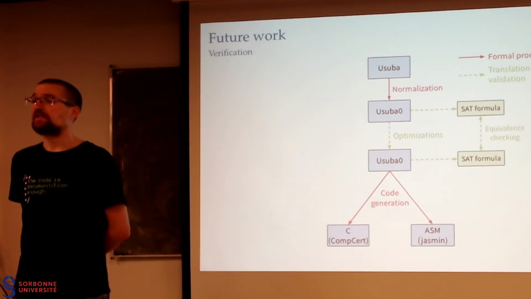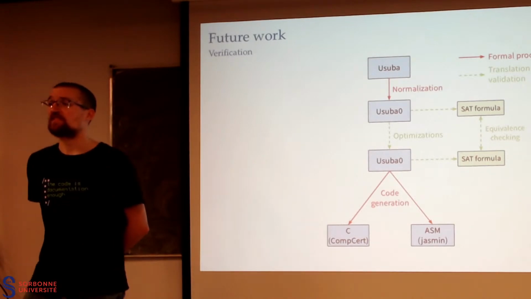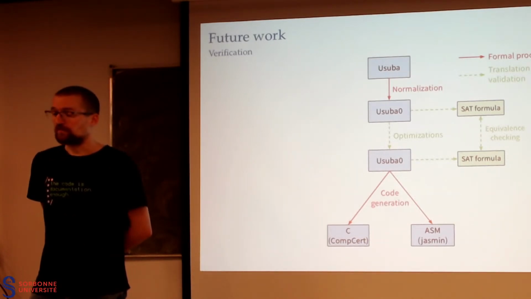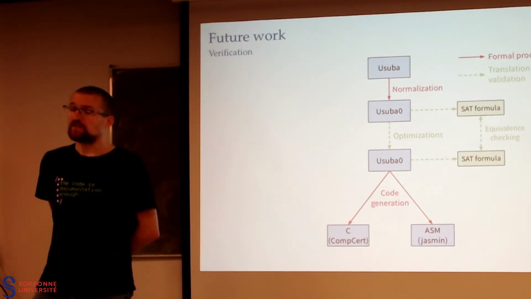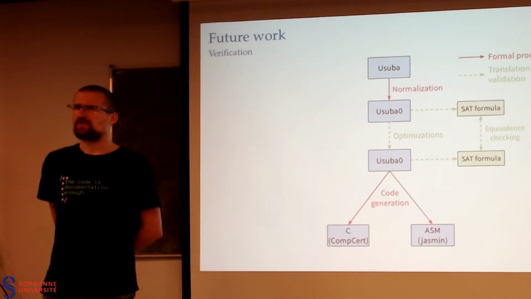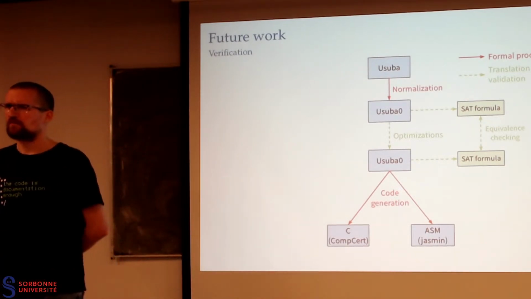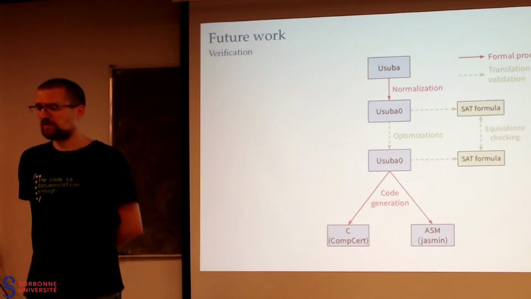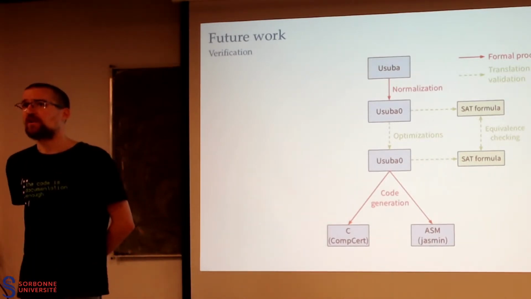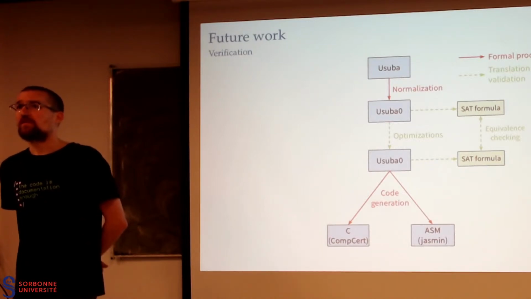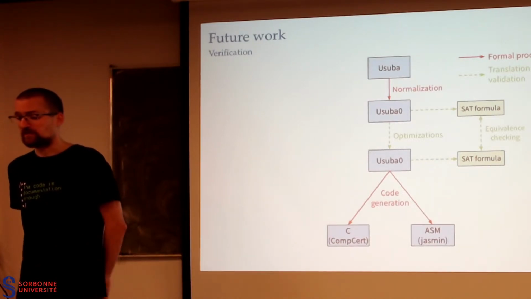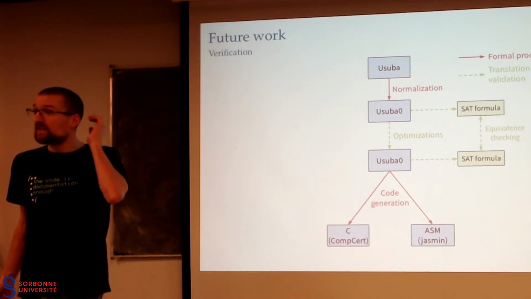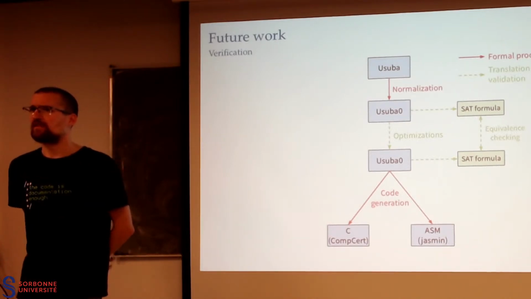Well, I guess the easiest is to piggyback on some existing work. So either CompCert, but it lacks SIMD extensions, or some of them at least, but I think most of them. Or Jasmin, which is an assembly language with a verified tool chain, and which already incorporates some SIMD extensions, so at least SSE, I think.